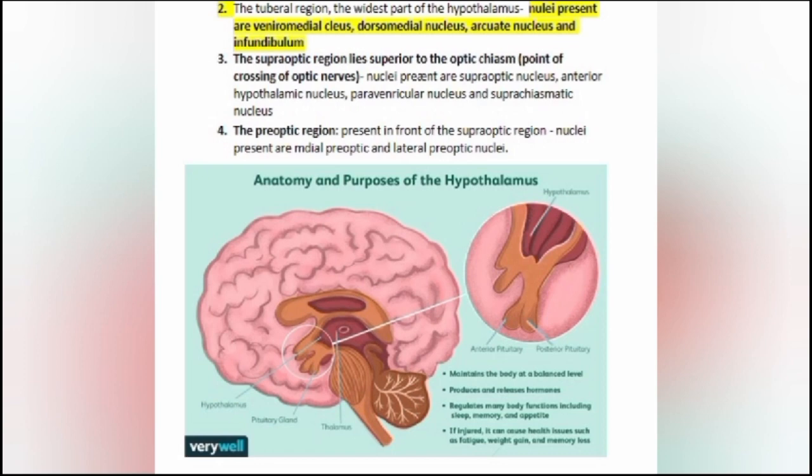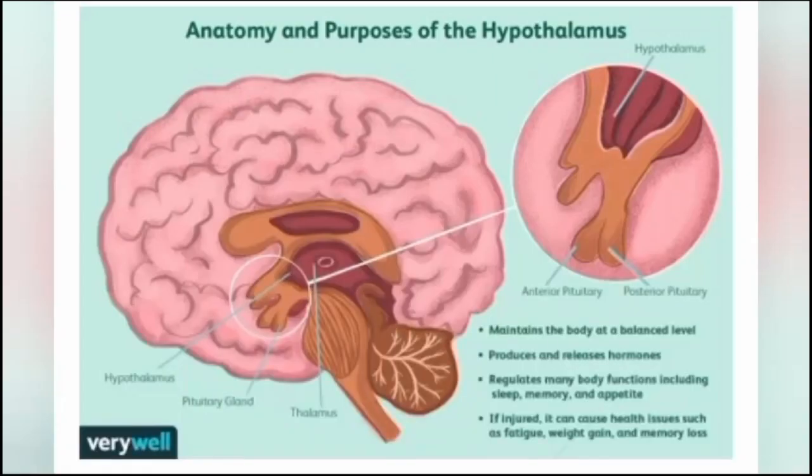Next is the tubular region. Above that, you can see a tubular shaped structure. That is the tubular region. Next are the supraoptic and preoptic regions. You can see this clearly in this picture. The supraoptic region is present above the tubular region. In the picture that marks the hypothalamus, you can see lines in the middle.